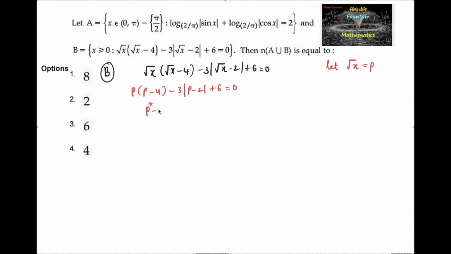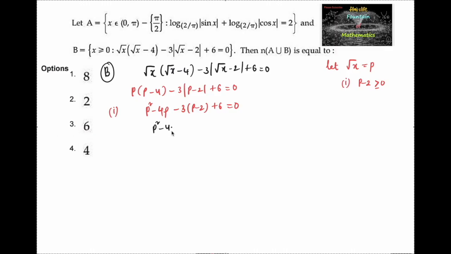So we can write p square minus 4p, and let us also assume that p minus 2 is greater than 0 in one case, case 1, so that we can write minus 3 times of p minus 2 plus 6 is equal to 0.